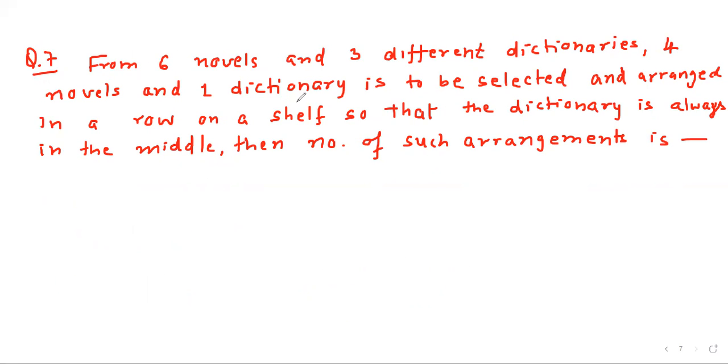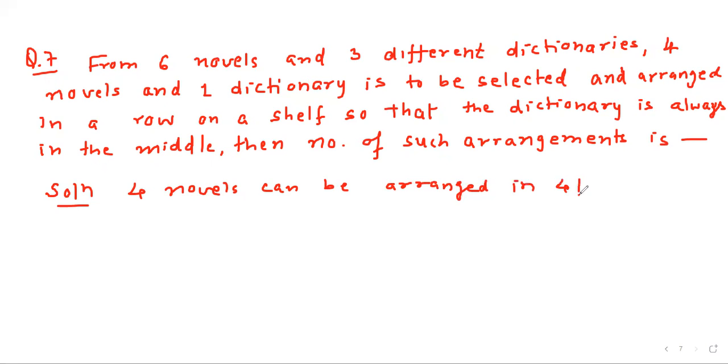From six novels and three different dictionaries, four novels and one dictionary is to be selected and arranged in a row on a shelf so that the dictionary is always in the middle. The number of such arrangements is. So four novels can be arranged in factorial 4 ways.